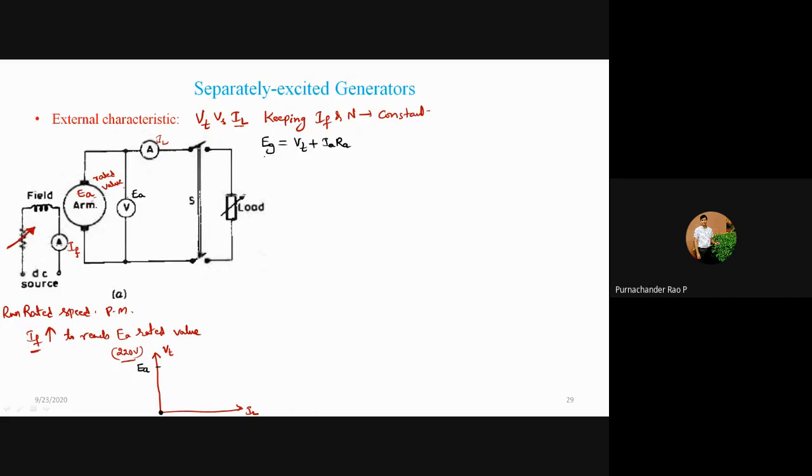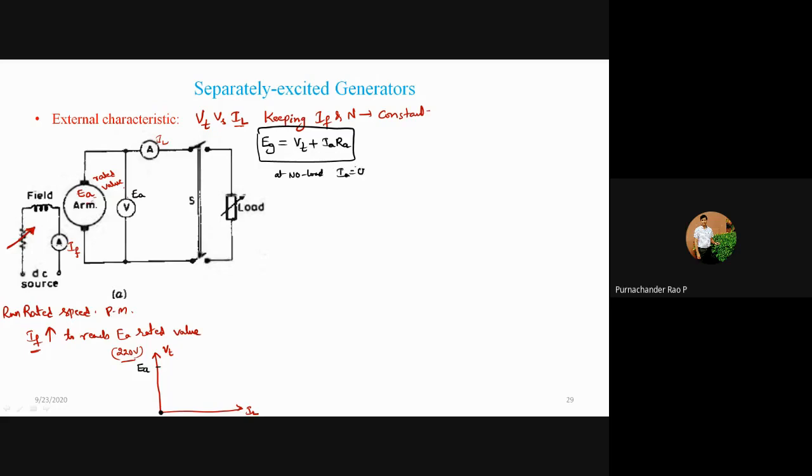As the machine is under no load condition, the switch is not closed yet, and therefore IA will be equal to 0.